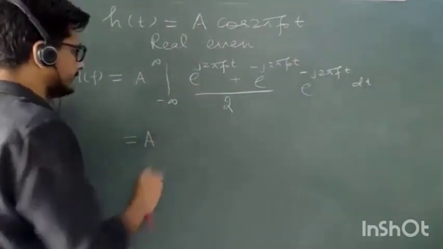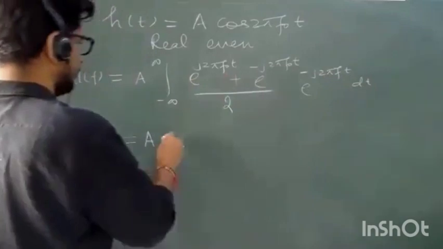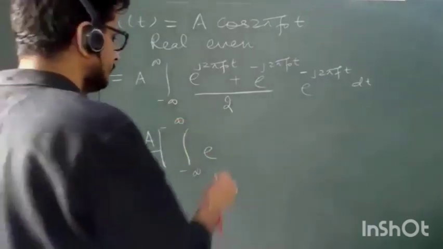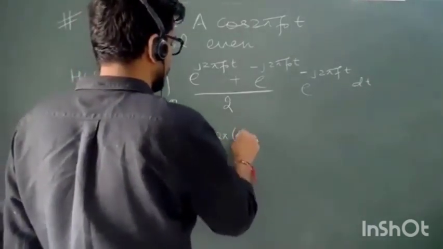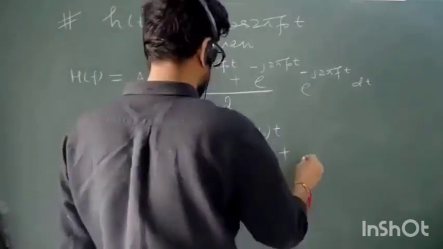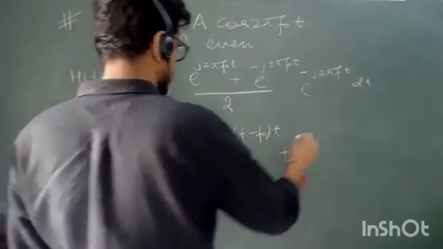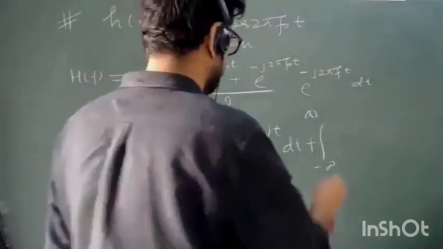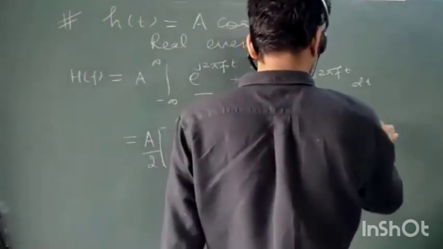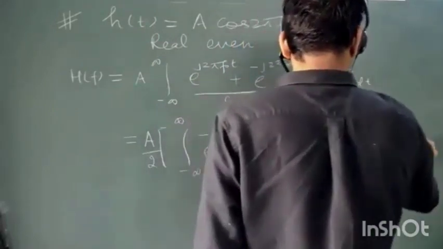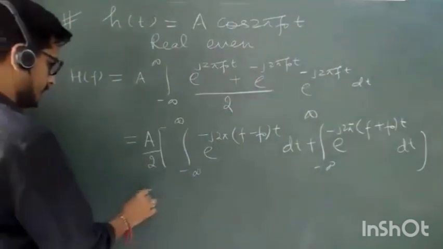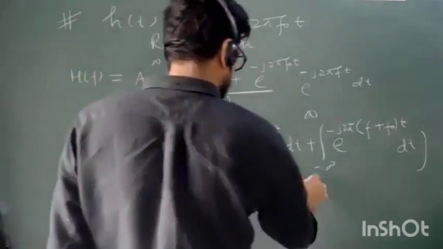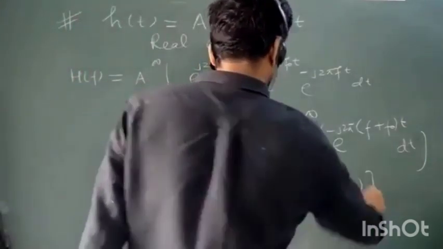And this will become a by 2 integral from minus infinity to plus infinity e to the power minus j 2 pi (f minus f naught) t plus integral from minus infinity to plus infinity e to the power minus j 2 pi (f plus f naught) t dt, and this will be equal to a by 2 [delta of (f minus f naught) plus delta of (f plus f naught)].